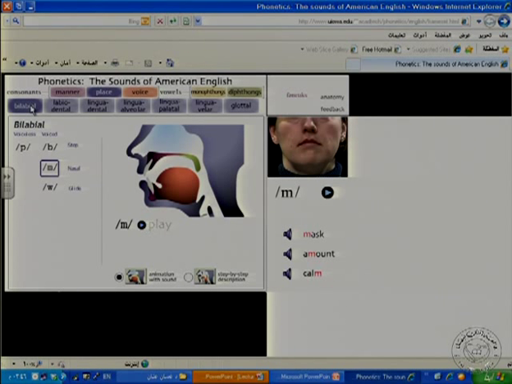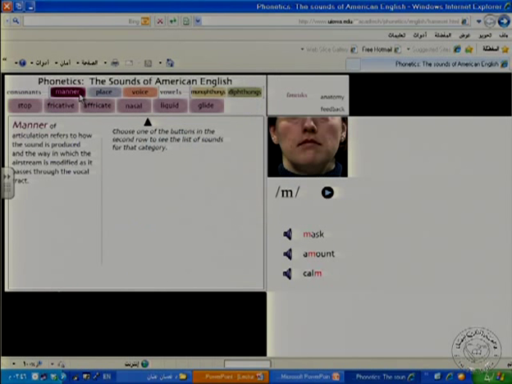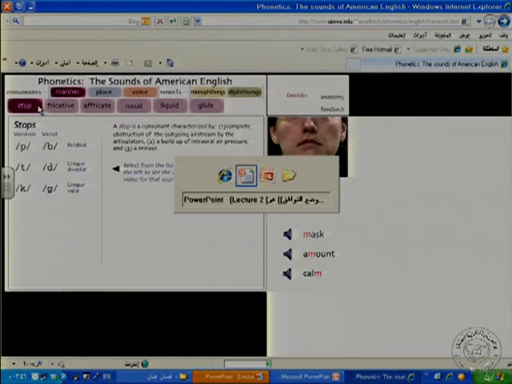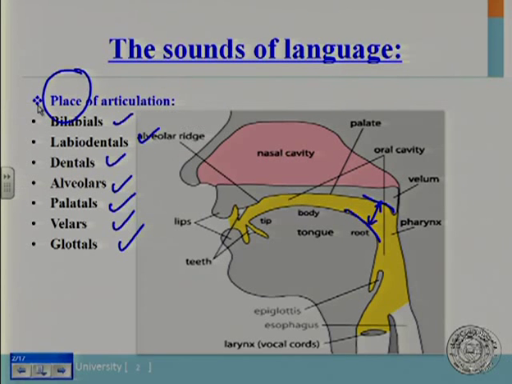In bilabial we have two lips which are responsible for producing the sound, and the manner of articulation is stop, meaning the way the air stream goes out of the mouth. Now let us go back to the lesson.